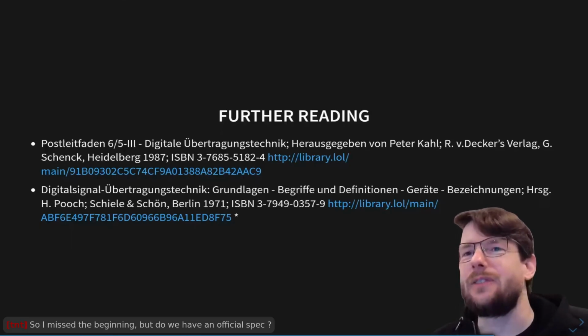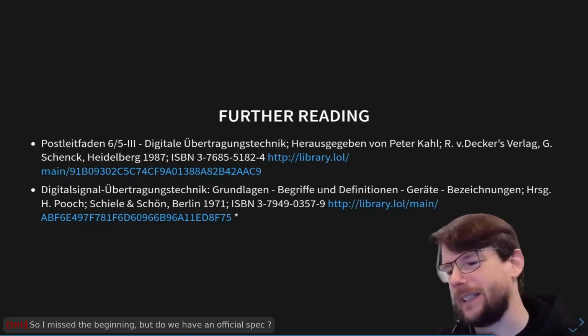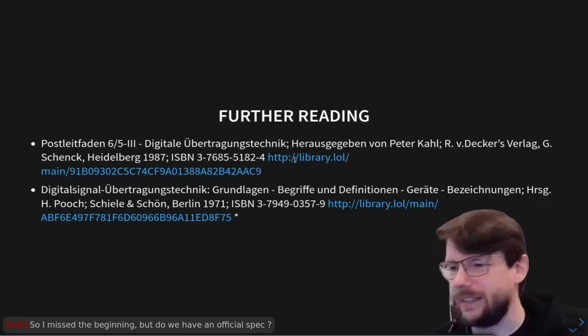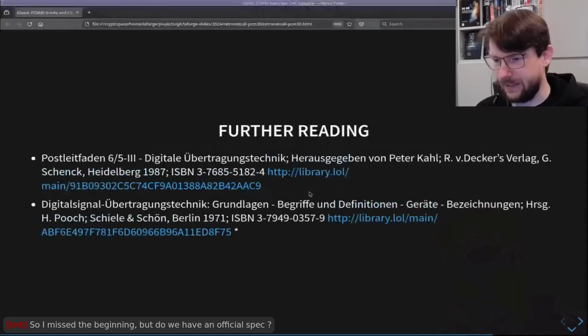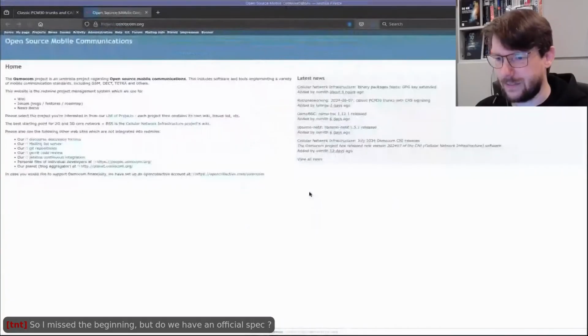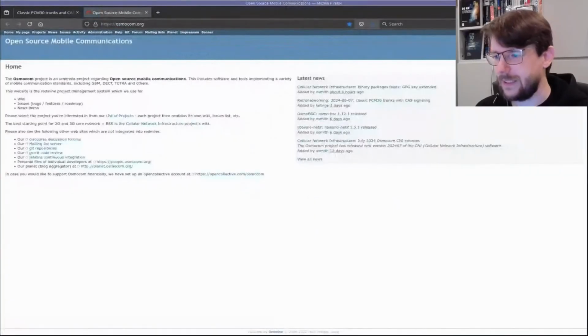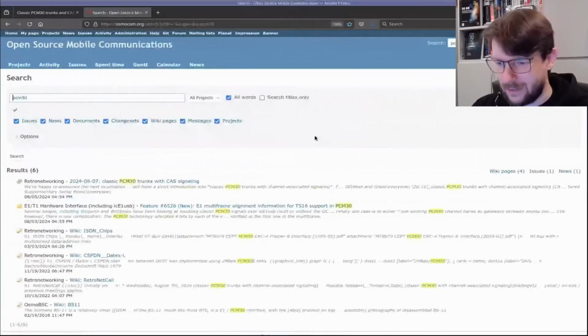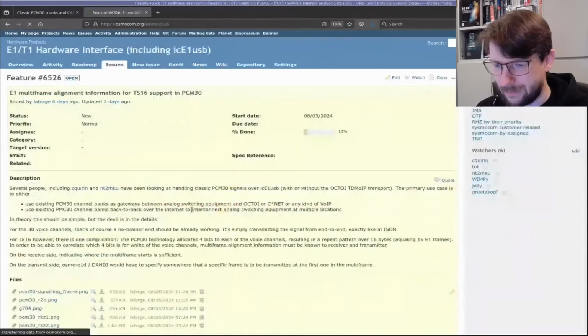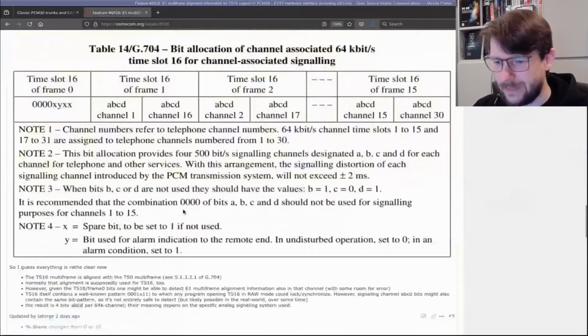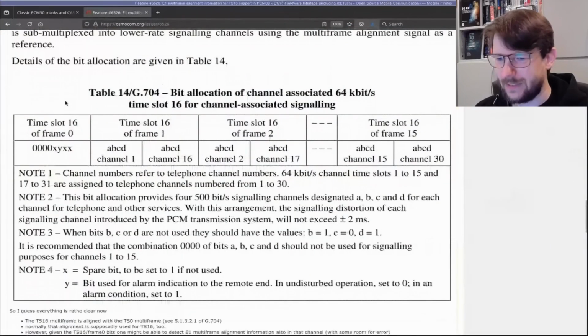Do we have an official spec? Well, actually, let me quickly. I think G704 is actually sufficient. There is this one note here. So this is table 14 that says, well, this is how the channel associated signaling works on Timeslot 16.